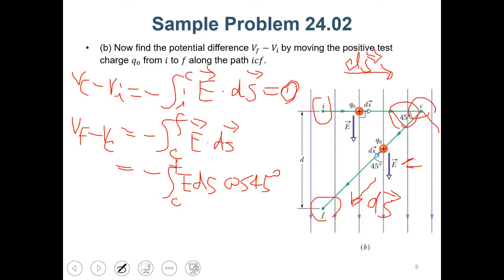Actually, the distance it moved, maybe I just brush this.